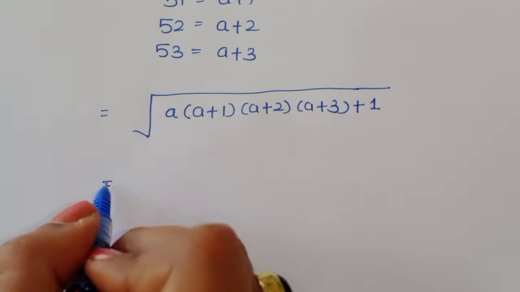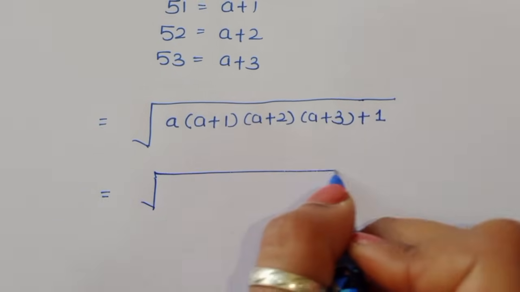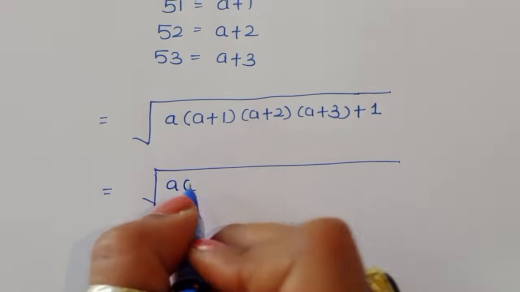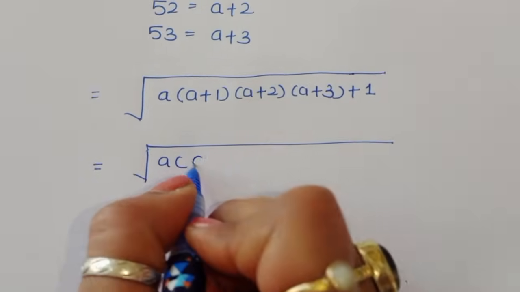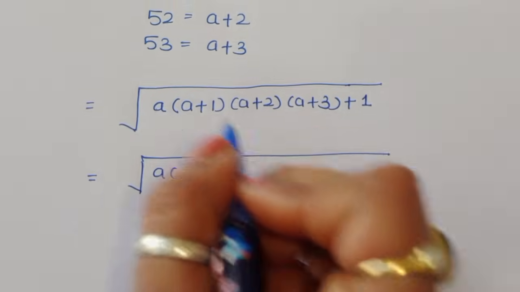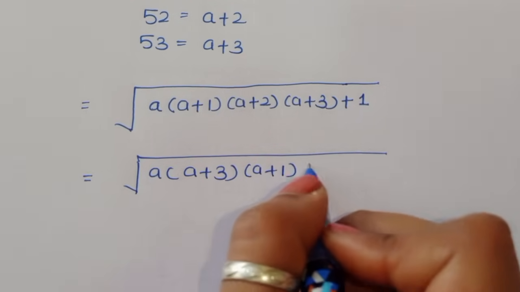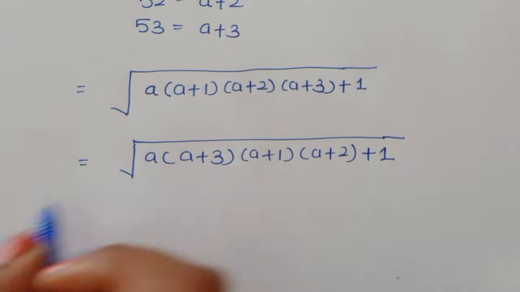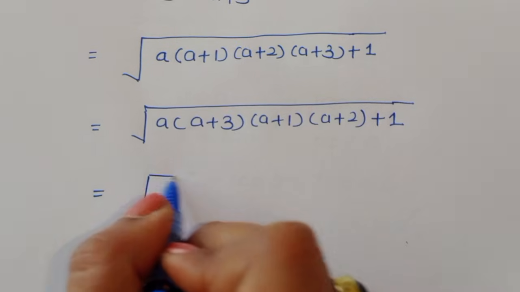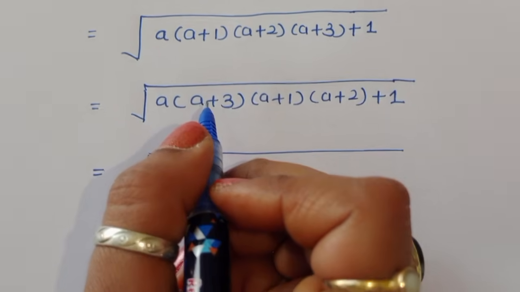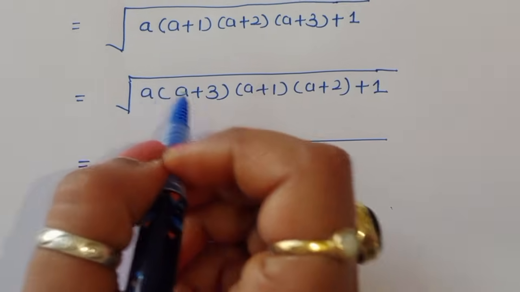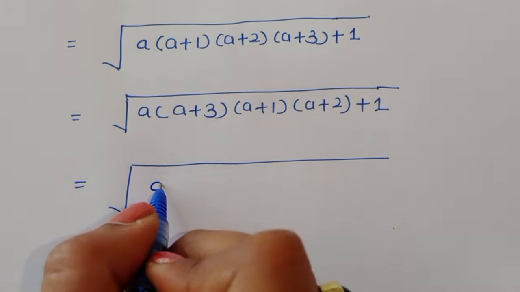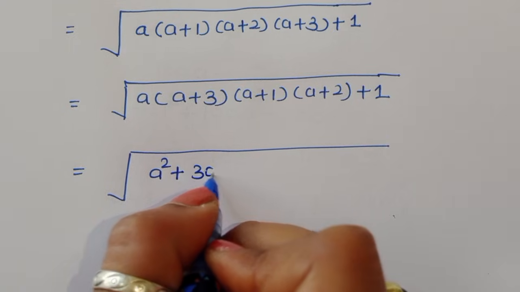Now we can do some arrangement: a times a plus 3, and after that a plus 1 times a plus 2, plus 1. Now a times a plus 3 is a multiplication, so a times a is a square, plus 3a.